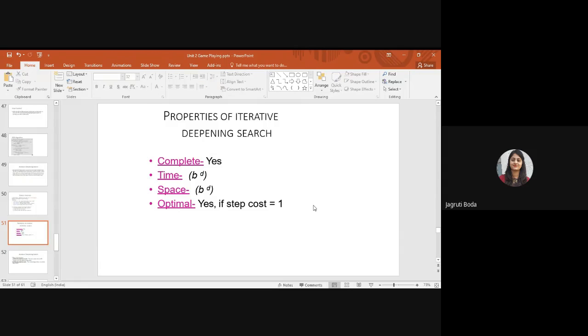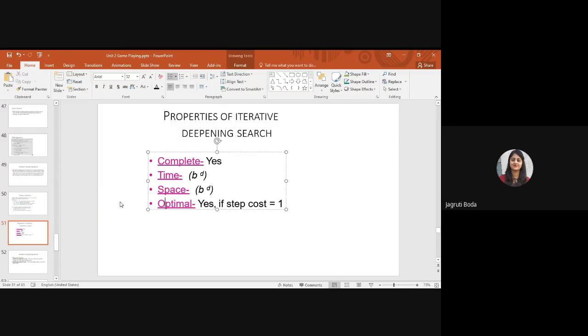Sometimes you are given a graph where all the edges have different costs, right? At that time we cannot guarantee that this is your optimal answer. Suppose you are exploring all the edges and the cost is uniform, then it will provide the optimal answer.